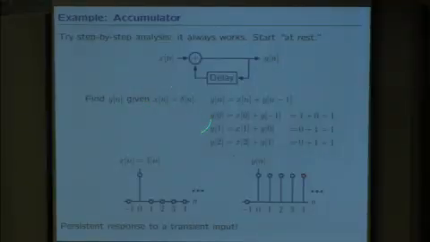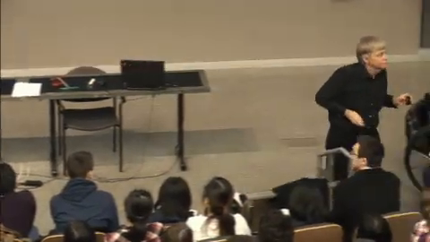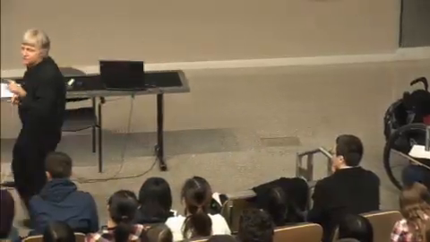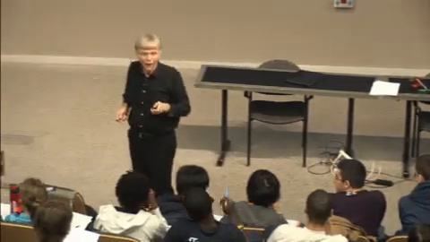The unit sample made the first output be 1. But then that 1 fed back in to make this be 1, which combined with the next 0 to give me the same 1, and that state persisted. What's different is that the output signal persists long after the input went away.